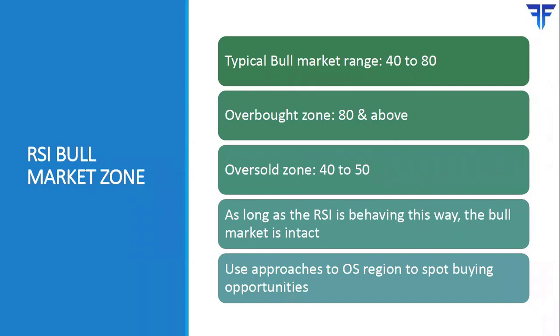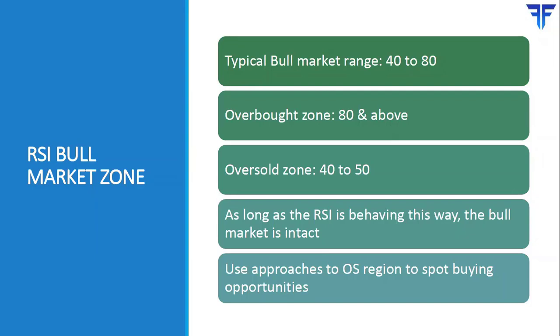So in a bull market, the zone within which the RSI fluctuates is typically between 40 to 80. As long as the RSI continues to fluctuate between 40 to 80, you can be sort of assured that the price is in a bull market and the bull market is intact.